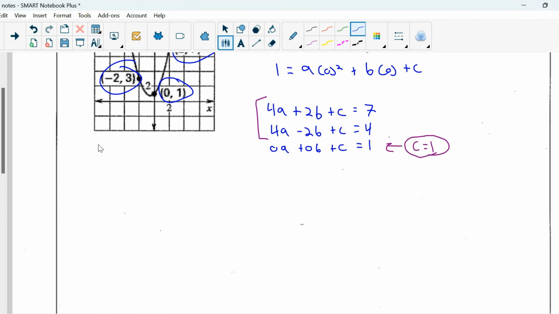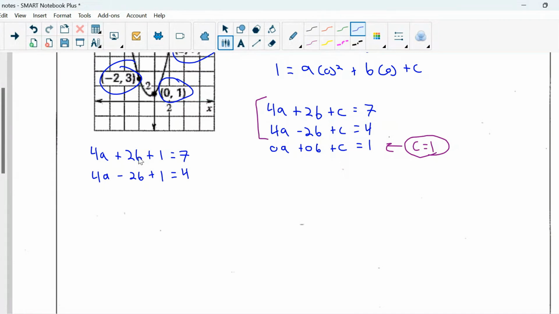So I've got 4a plus 2b plus c, which is 1, equals 7. And then I've got 4a minus 2b plus 1 equals 3. So from here, let's go ahead and use elimination to eliminate one of my variables.